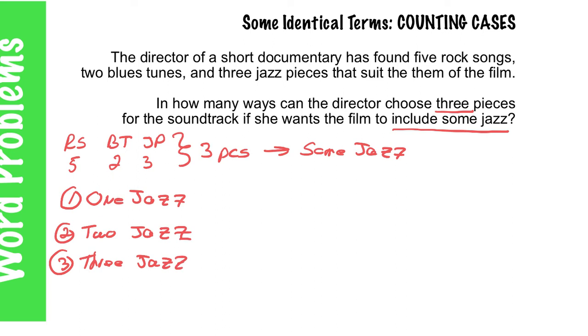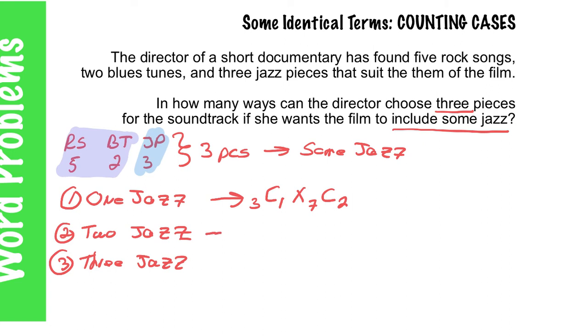If we're choosing 1 piece of jazz, that means from the 3 jazz pieces, we are choosing 1. And then we need, of the 7 that remain, we need 2 of them. So you'll notice over here in my scratch notes, we have 3 jazz pieces. And if we combine the other 2, then we have 7 other pieces from which to choose.